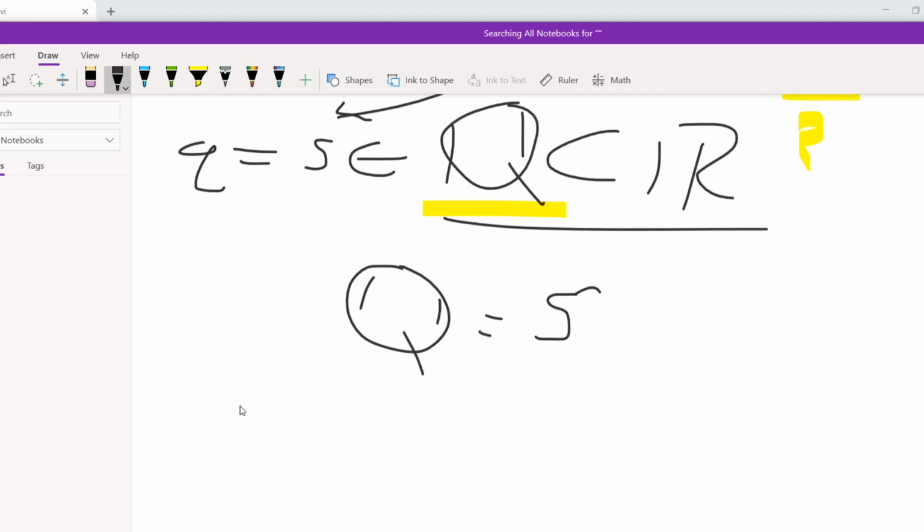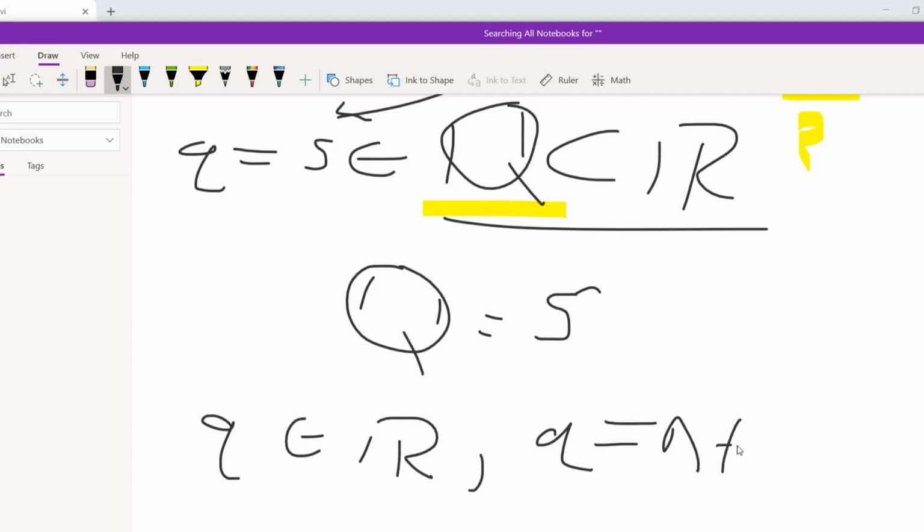So we're going to talk about taking q in R. Right? We know q is in R because q is in big Q. Now let's just write q = n + r. This is all arbitrary, right?